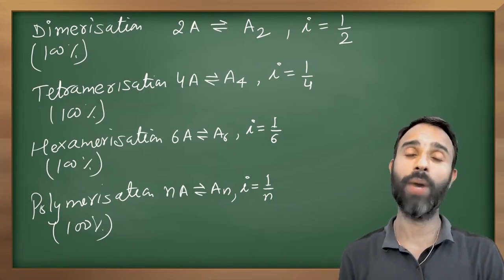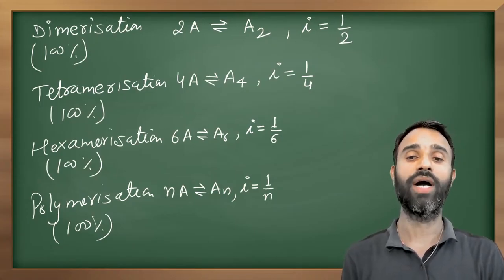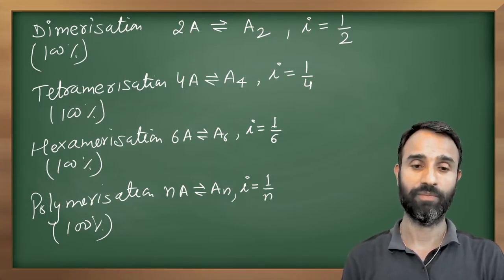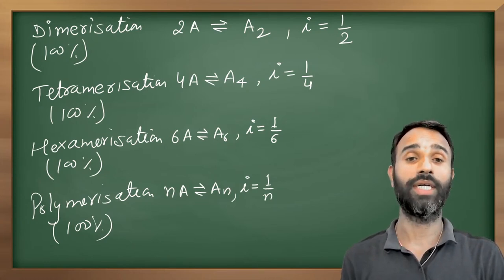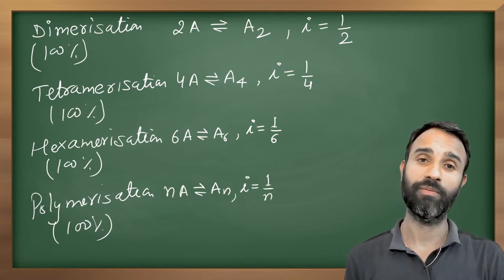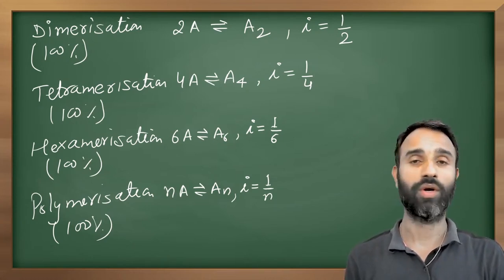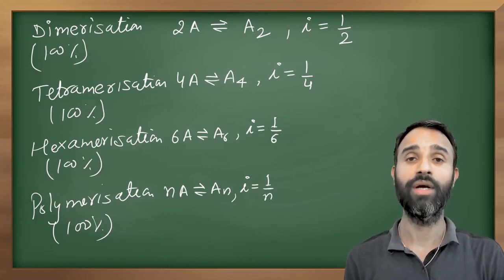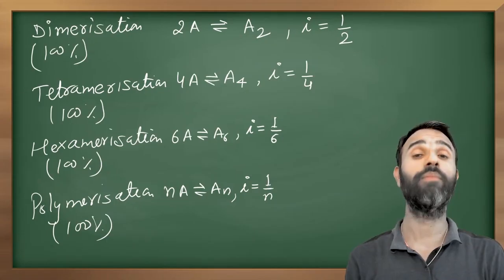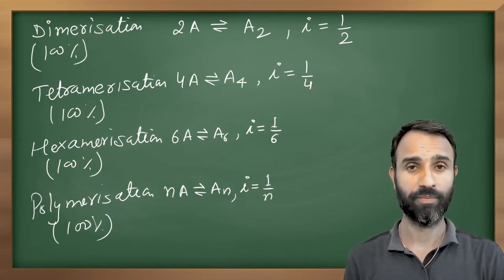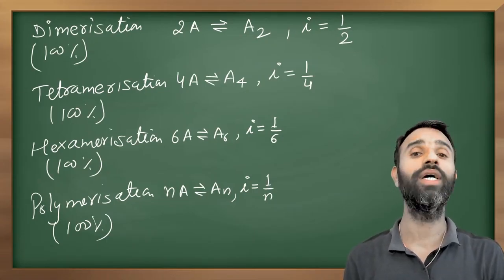Why? Because the number of particles after association is less. And for dissociation, the number of particles will increase, molar mass will decrease, and colligative property will increase.